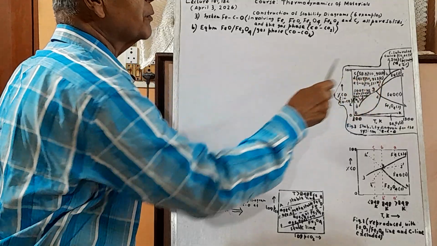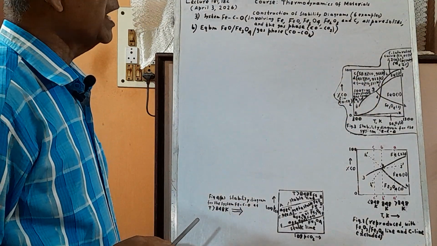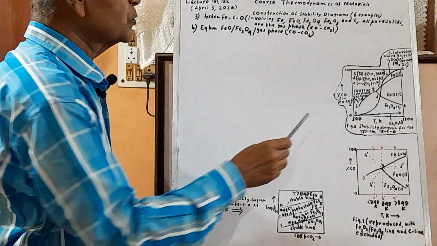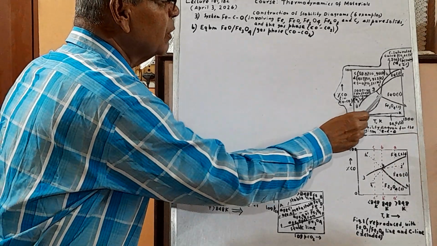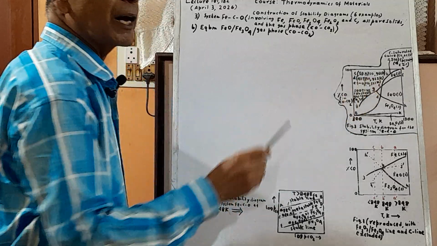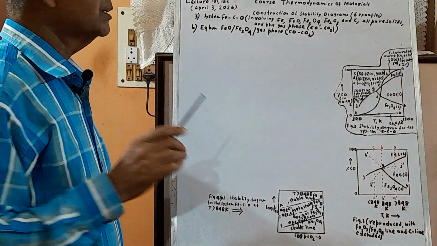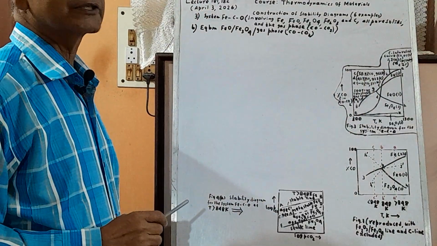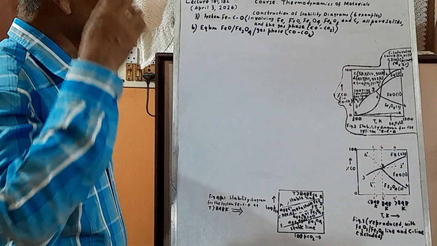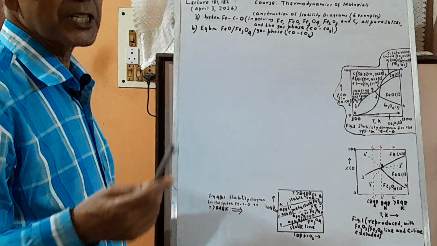So activity of carbon is 1 and total pressure is 1 atmosphere. This also I will take up. Altogether 1, 2, 3, 4, 5 curves. 1 already done, so 4 will be coming today. Then this construction will be over with some discussions and clarifications.